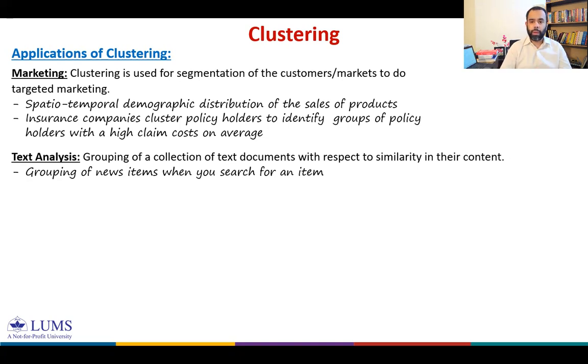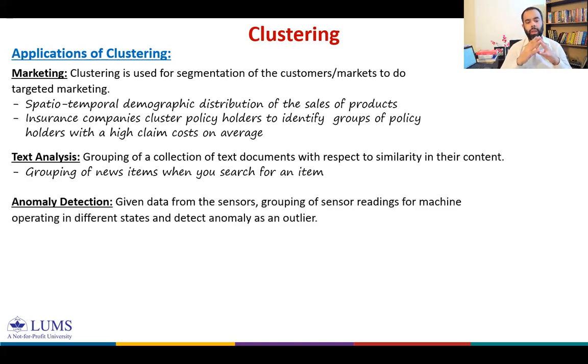We use clustering for anomaly detection. For example, you are getting data from the sensors of a machine, and the machine would be operating at some predefined operating points. And for those predefined operating points, sensors would be attaining values in some region.